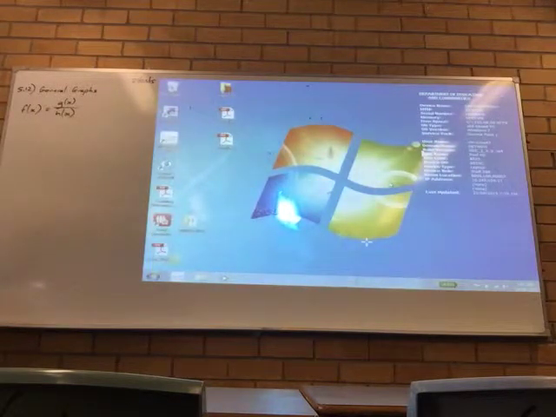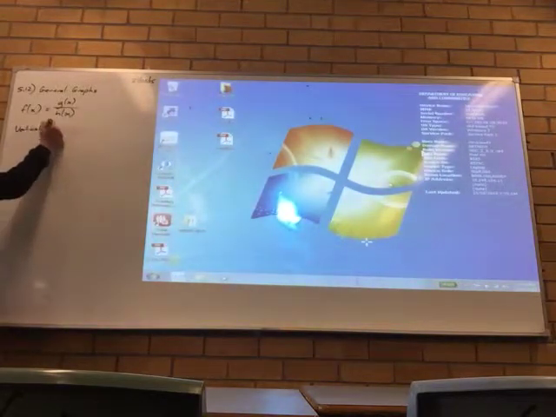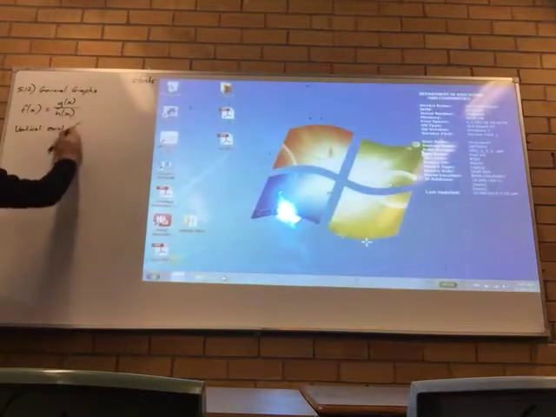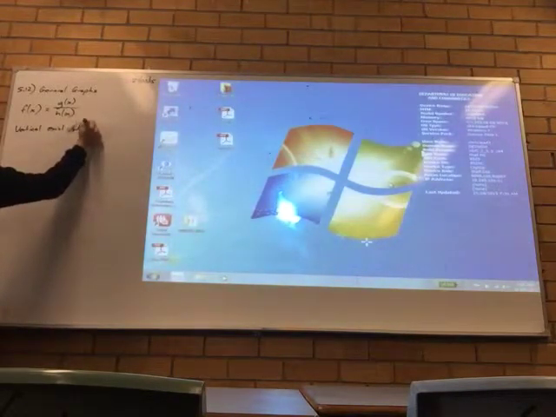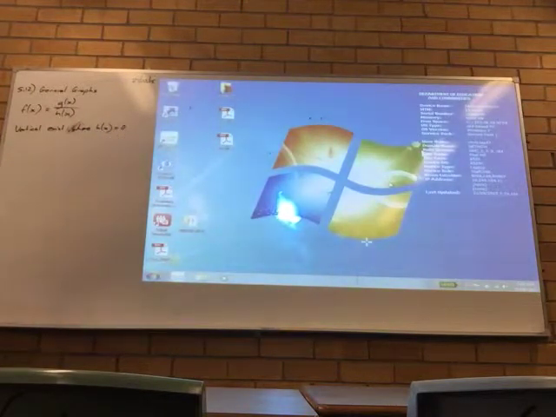So, vertical asymptotes. The vertical asymptote will exist where your h of x equals 0. In other words, the denominator cannot be 0 in your fraction. Where we find those points where h of x equals 0, the x value, that's where your vertical asymptotes are going to be.